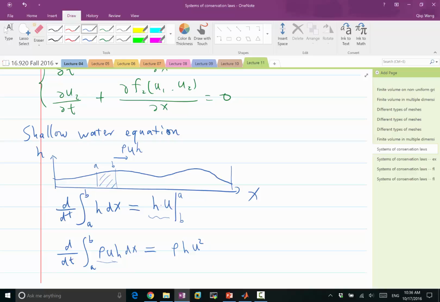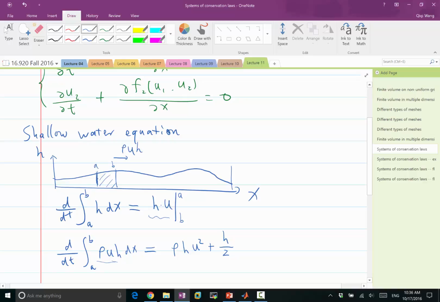The gravity is going to create a pressure force that acts on surface a and surface b. And the pressure force is going to create a change in the momentum, but because the pressure only applies on the two interfaces, it can be written as a flux. And that flux is going to be the average height of the column.